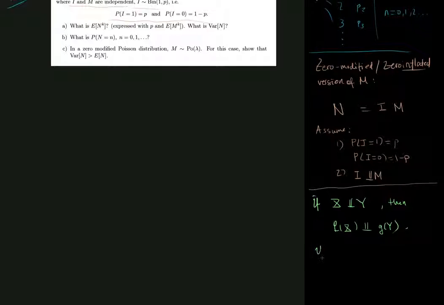And also, if x and y are independent, then recall that the mean value of their product can be split up into the mean of each of them multiplied together.